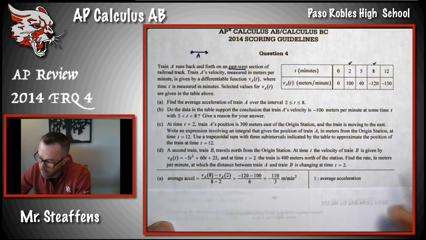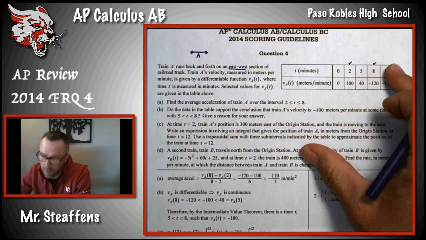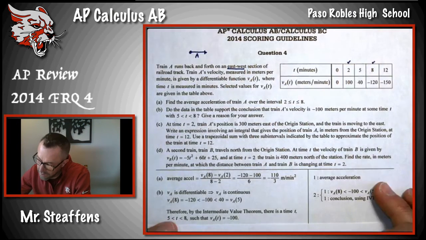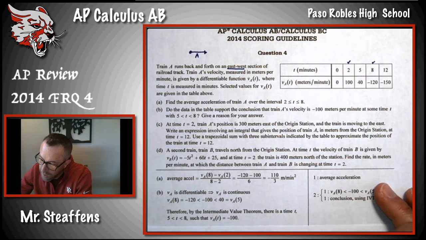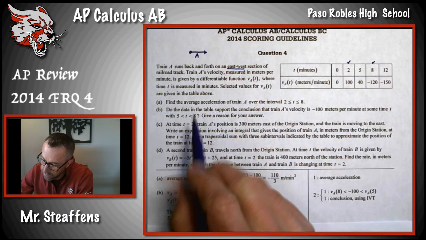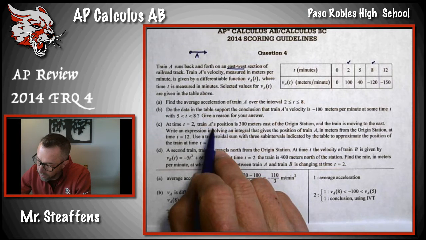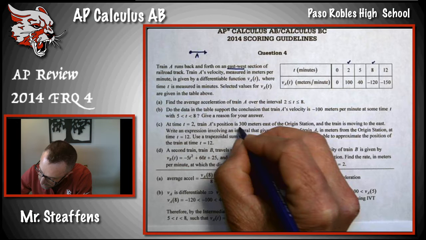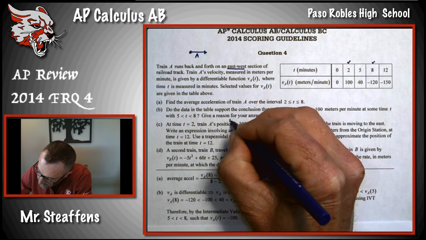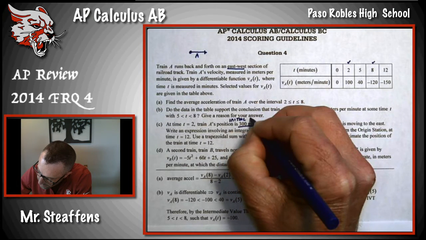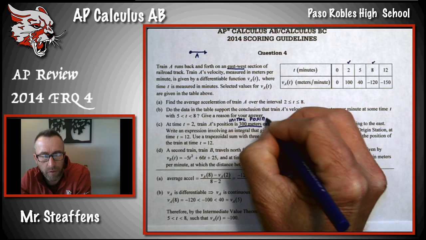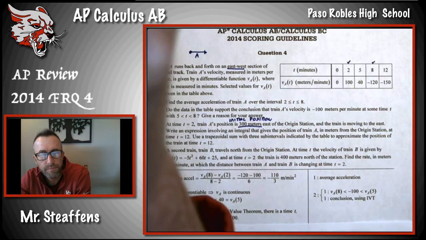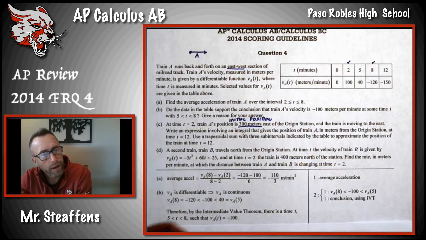All right, part B. So part B is kind of gross. Part B is saying, hey, guess what? At t equals 2, train's position is 300 meters east. So it's going to give us this information here, which is our initial position. So remember, when we have falling objects or we have moving objects, we can calculate how far they travel if we integrate the velocity.